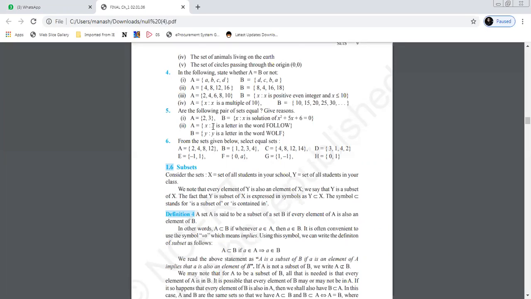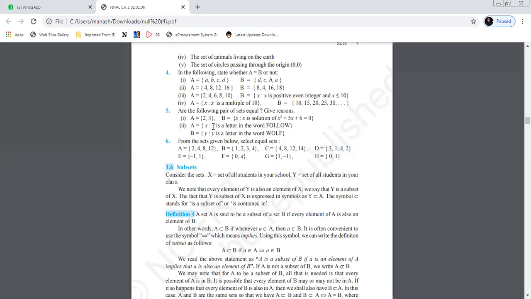Similarly, if X plus 3 equal to 0, then X equals minus 3. So B contains the elements minus 2 and minus 3, and A contains the elements 2 and 3. Now tell me, are A and B equal or not?